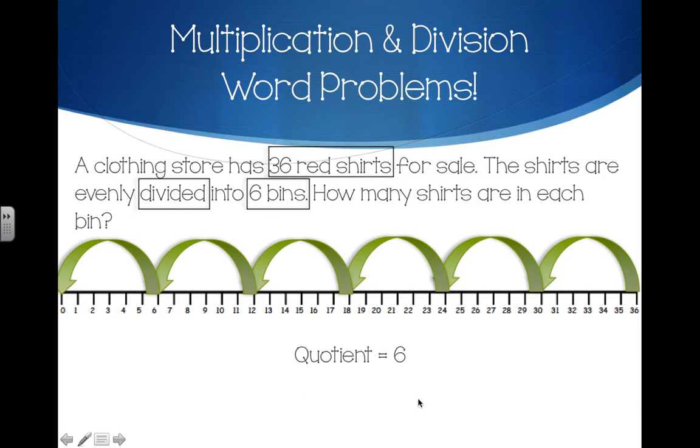And if you were paying close attention, I tried to get this quotient to not pop up right away, but it's not working. So, it showed up already. Our quotient is 6. But do you know what our equation would look like? If you said 36 divided by 6 equals 6, boom! You are correct.